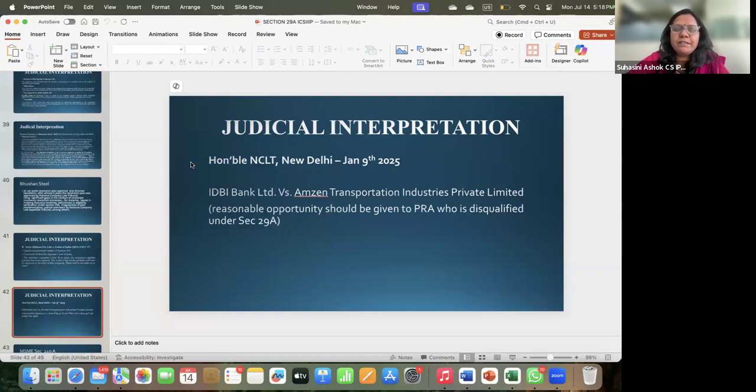Then one more recent case is IDBI Bank versus Amazon Transportation, where reasonable opportunity should be given to the PRA who is disqualified. This is very important again.